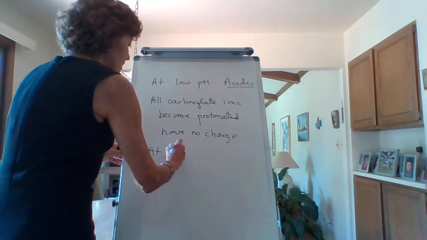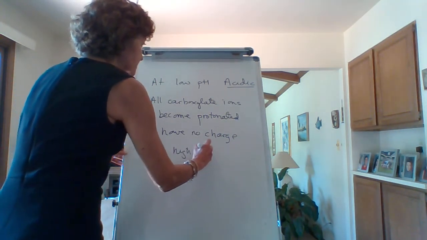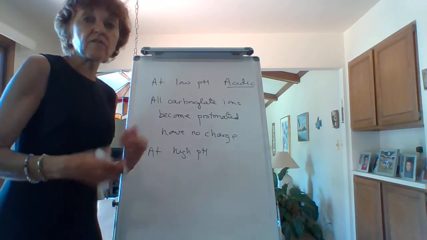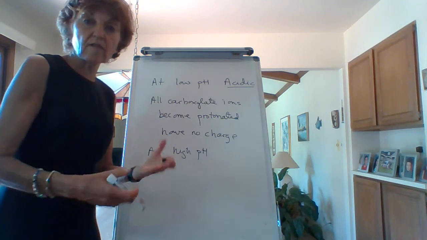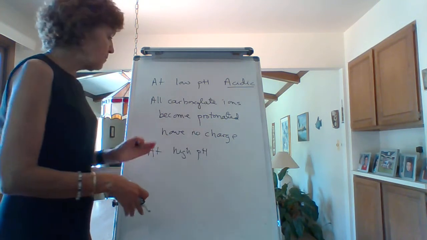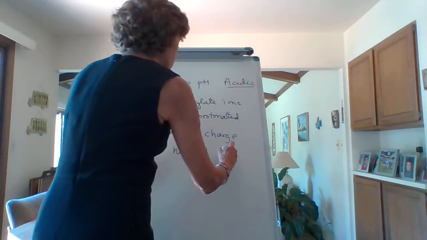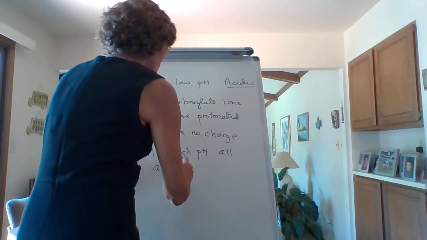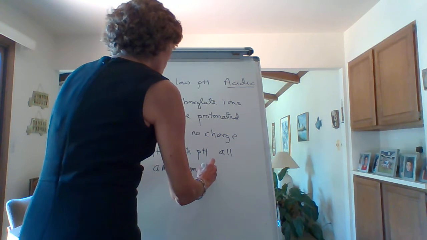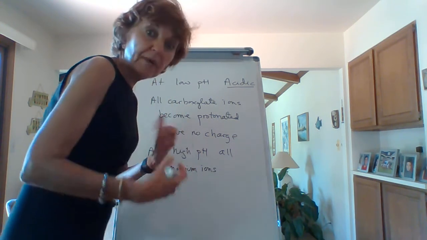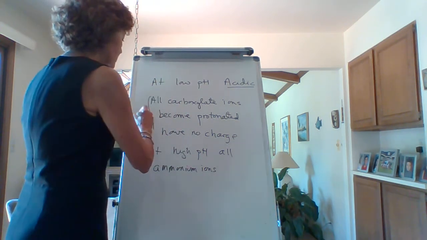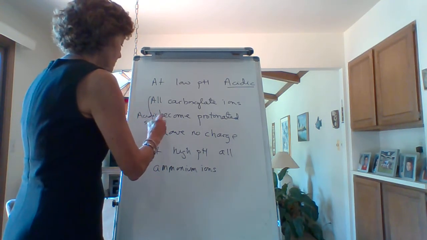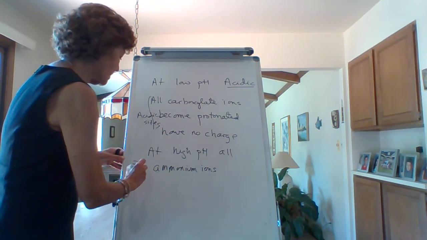At high pH, the acidic sites are all the carboxylate ions, and these are going to be called the acidic sites.